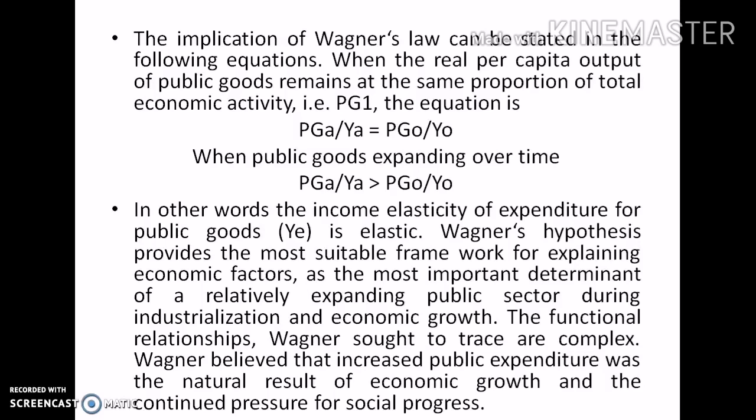However, when the proportion of resources devoted to the output of public goods is expanding over time, that is PG2, the equation is that when time increases, PGA divided by YA is always greater than PGO divided by YO.